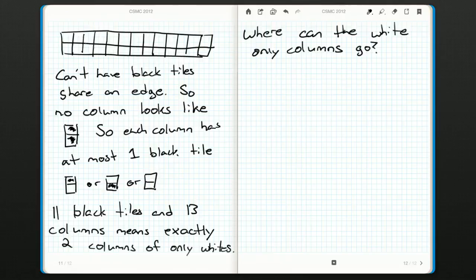Where can they fit in? And there's lots of different locations that we could probably put them. And between them, we're going to have sequences of black tiles with a top tile black and then the bottom tile in the next column black and so on. So it's really the white tiles that will dictate where everything can go. Once you have a black tile set, you know where the black tile in the next column is going to be.